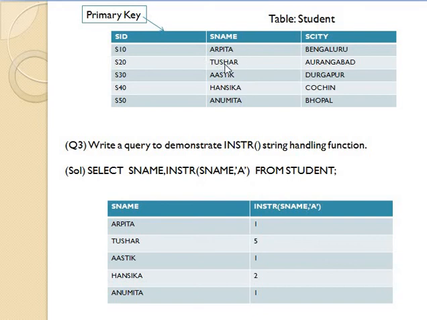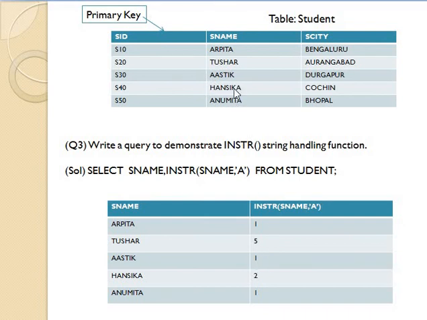Then for the second entry Tusar, the position of the character a shall be, now count from t: t is the first position, u is the second position, s is the third position, h is the fourth position, and a will be the fifth position. That's why the position of the letter a in the second entry Tusar shall be 5. Similarly for the entry Astik, the position of the character a shall be 1, so 1 is displayed here.